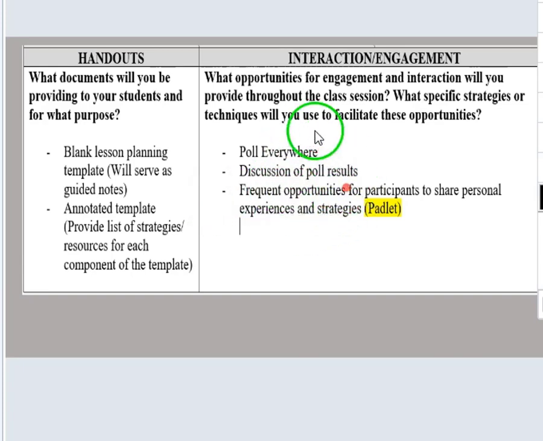And if you don't have anything over here, then that probably means you're going to have a lot of napping students and students on their cell phones and things of that nature. If you don't plan to engage them, then they will not be engaged.